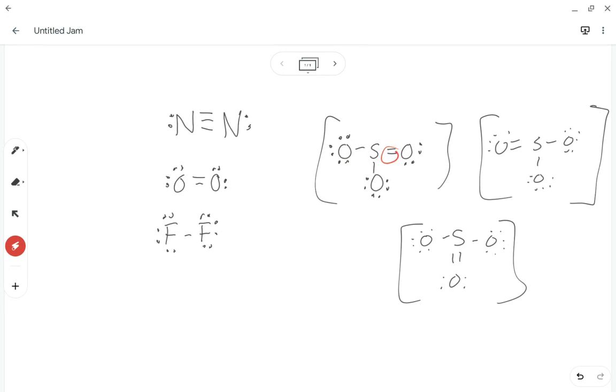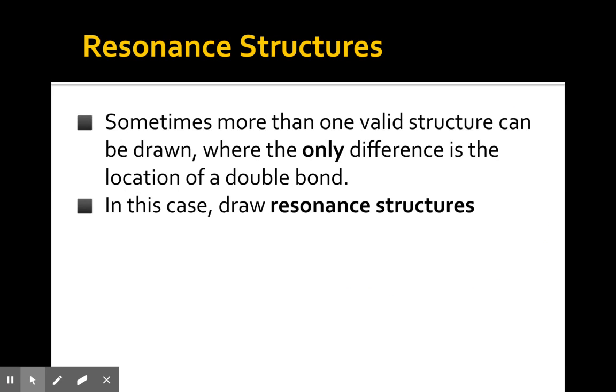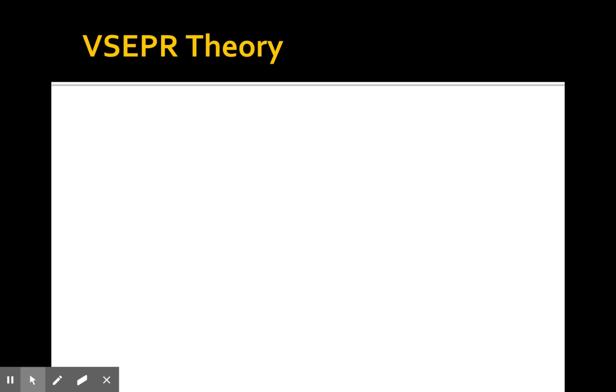So this double bond is evenly distributed across all those places. It's not that it's moving from one place to another. It's like all three of these pictures together give us an idea of reality. So that's why we have to draw resonance structures, which is what we draw when the only difference is where a double bond is located.